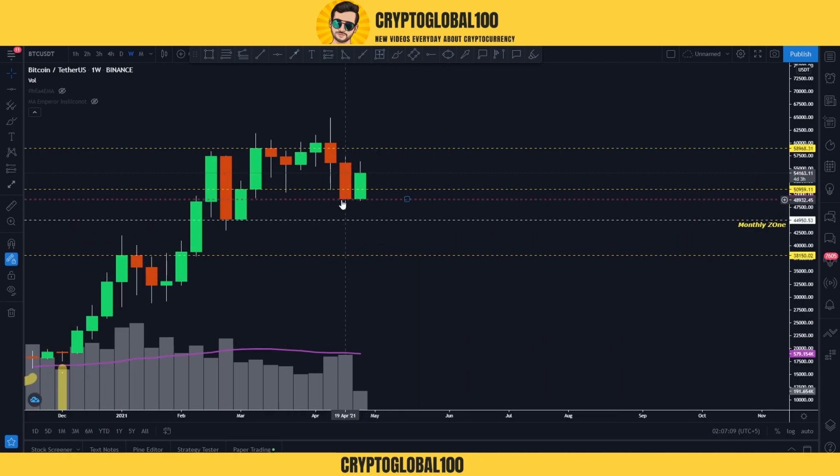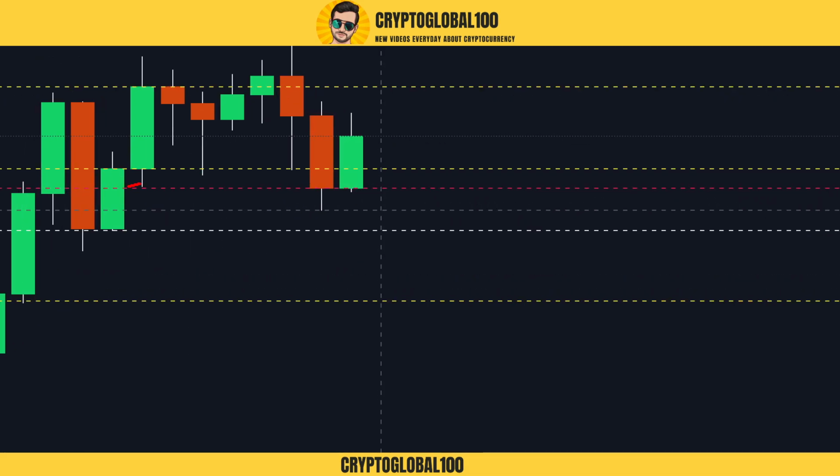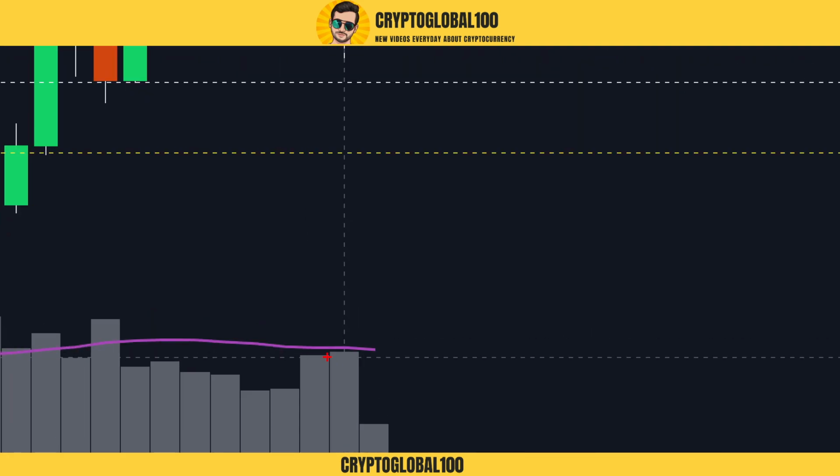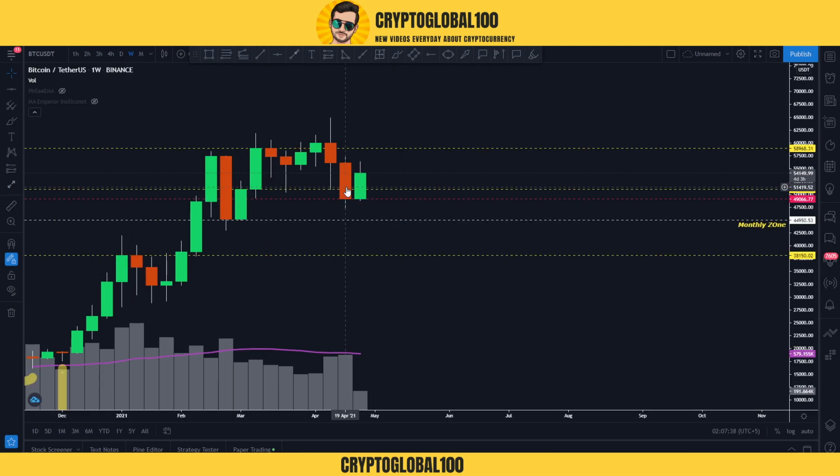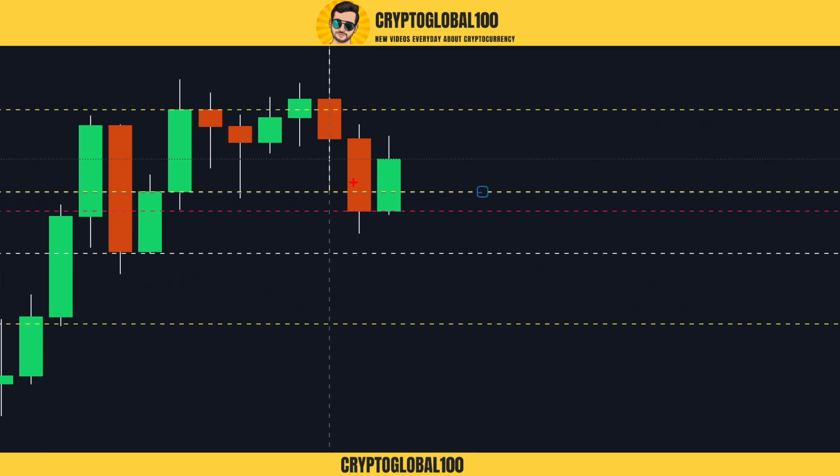After that, from here, this was a support zone. It was tested the first time, then went up again, went down, but couldn't pass through this level. So again it went down, again went up, then tested this level again, and due to the large sell-off, this bar was larger than this one, so it broke down.